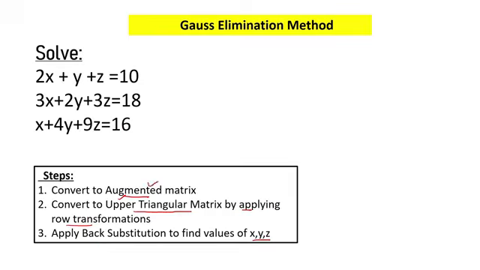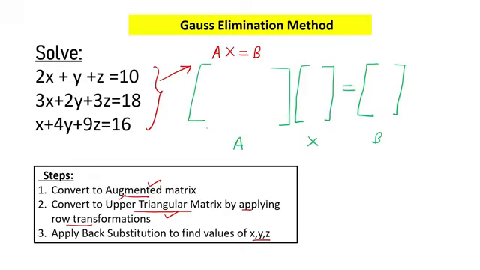So what is meant by augmented matrix and upper triangular matrix? Let's see that. First, we have to convert this system of linear equations into the form of Ax equal to B, where A is a matrix, X is a column vector, and B is also a column vector. Inside the matrix A, we have to write the coefficients of x, y, and z.